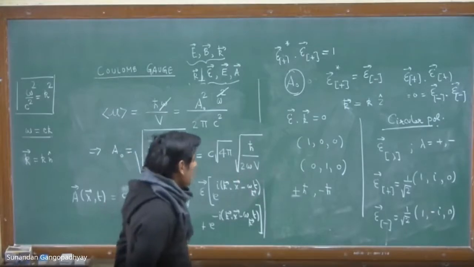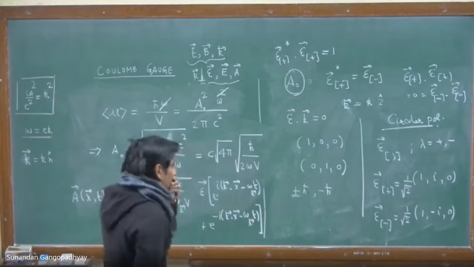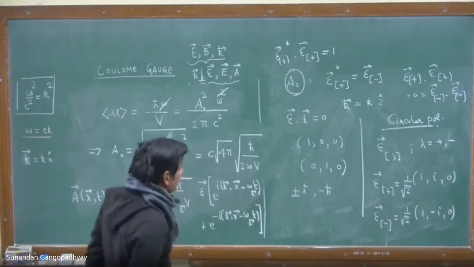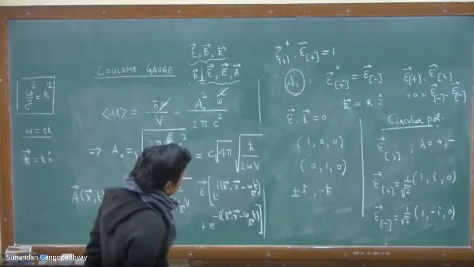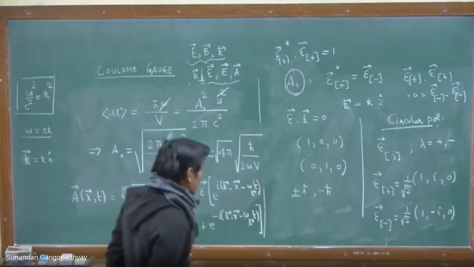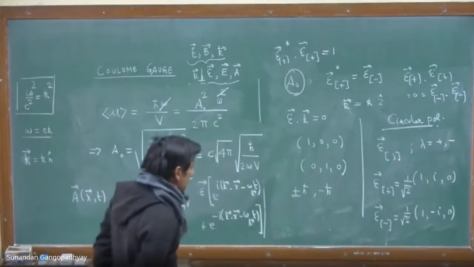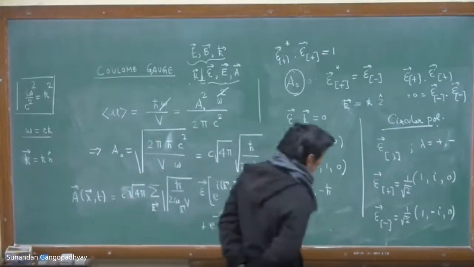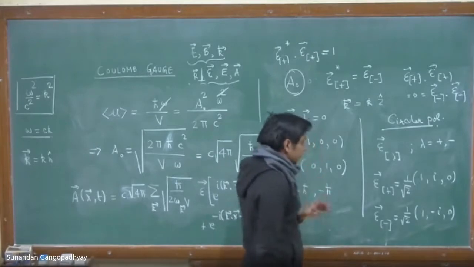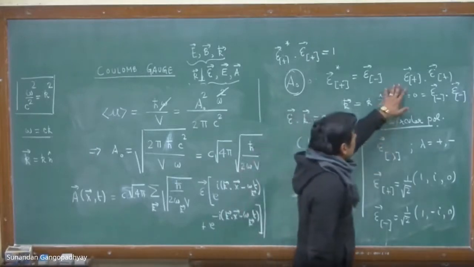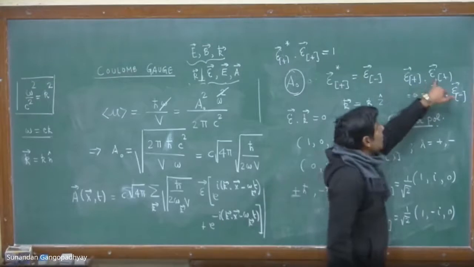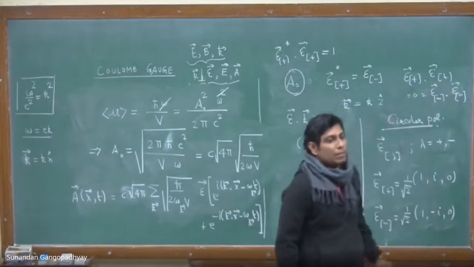No, it's not like that. Okay, this is a good question. I understand your question. Epsilon dot epsilon is not the magnitude of this vector.